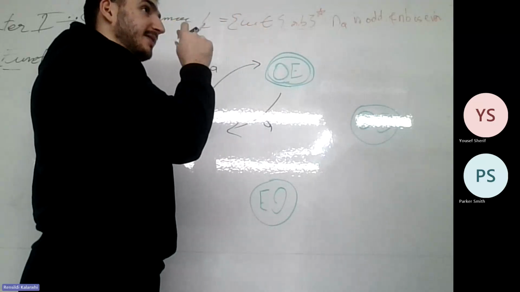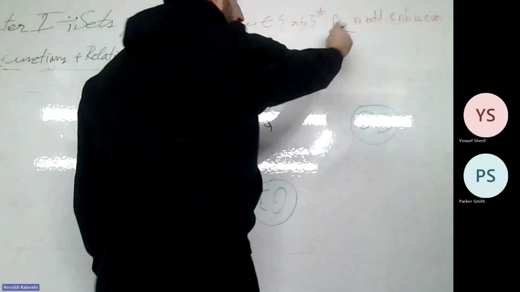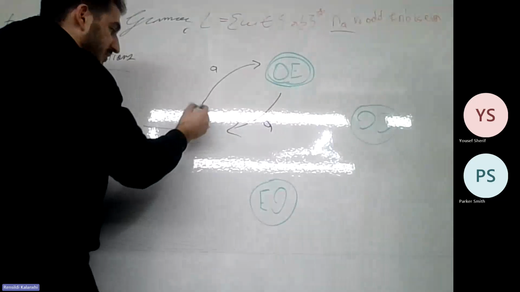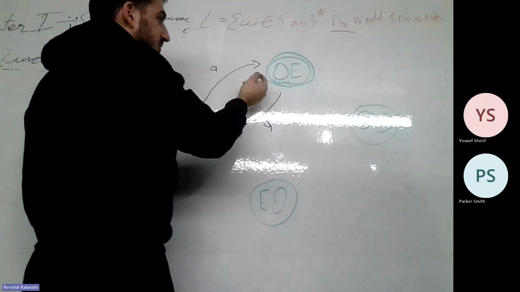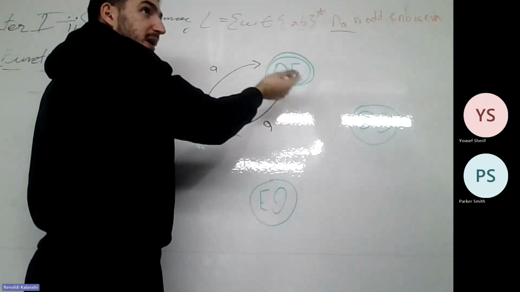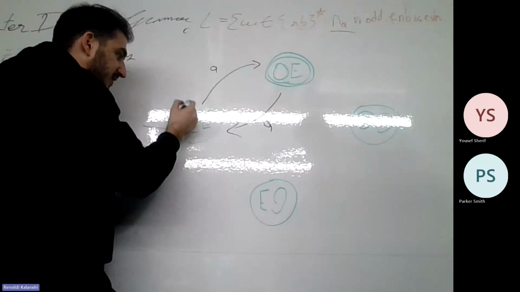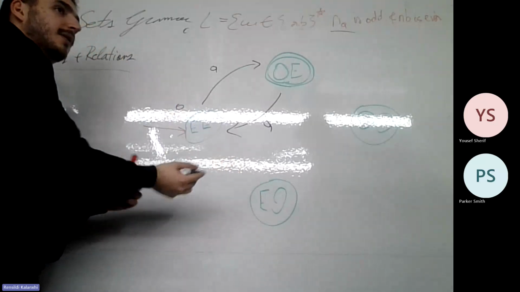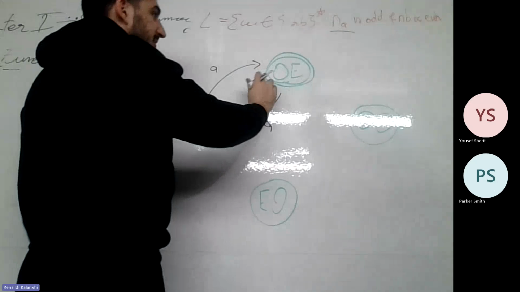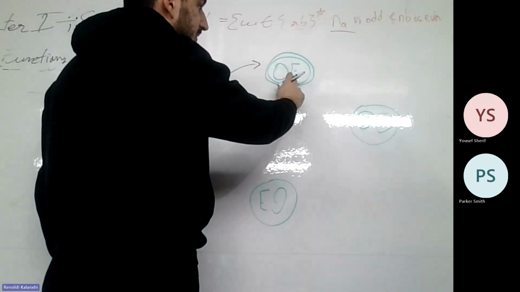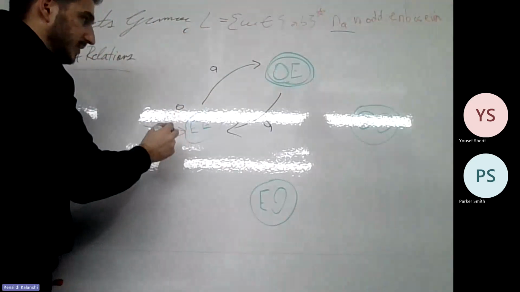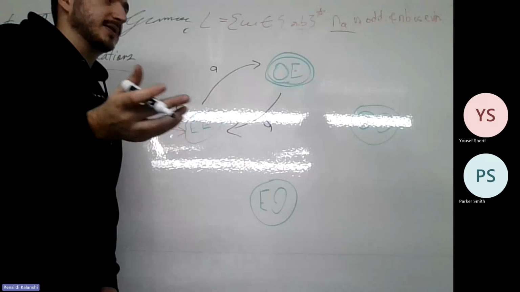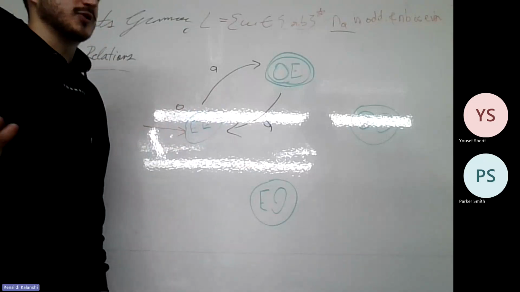I'm talking about A. So when we start for the initial state, we need to send at least one A there to make it odd, because right now A is 0, which means it's even. We're trying to make it odd. Gotcha. So that's down for the final state. And the reason E is even in the beginning is because we still don't have any B's, which means that B is equal to 0, which is even.